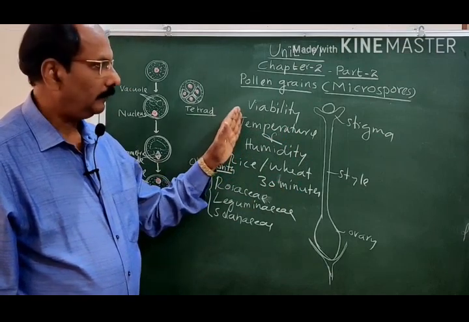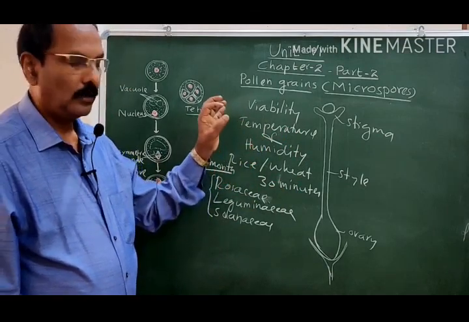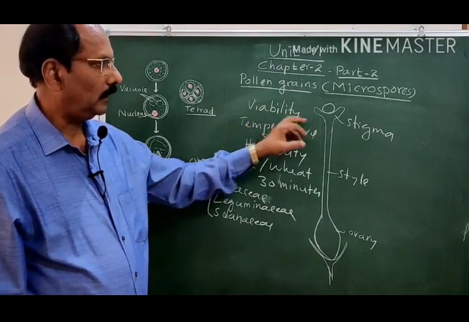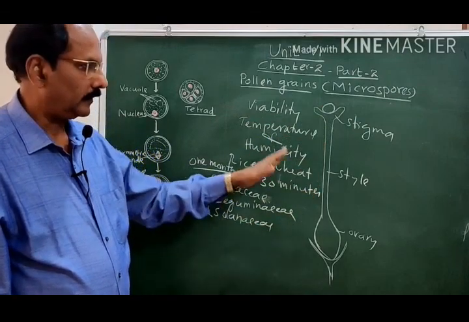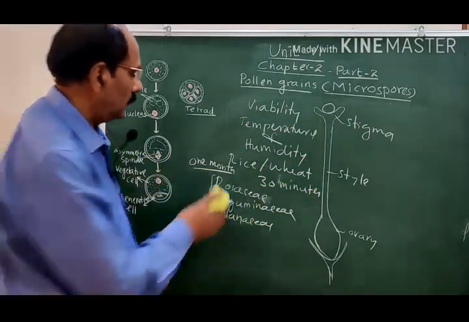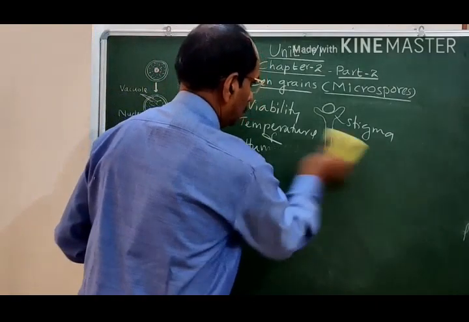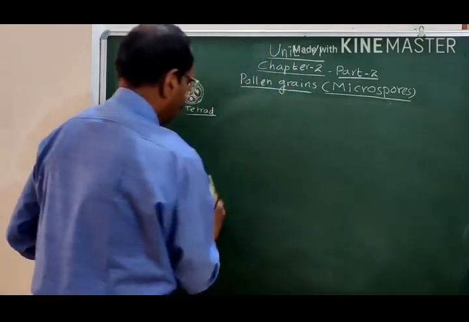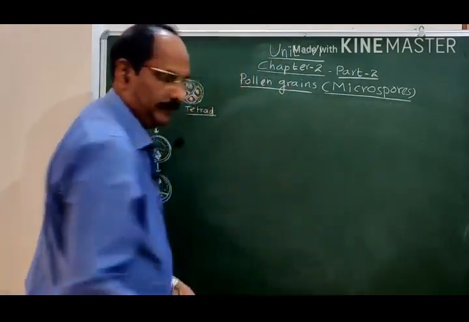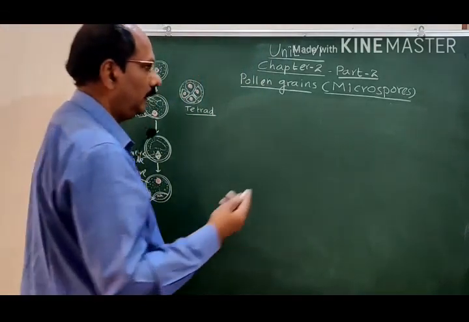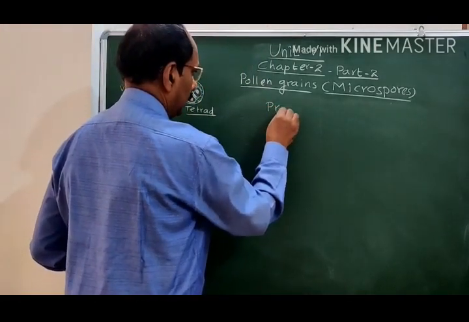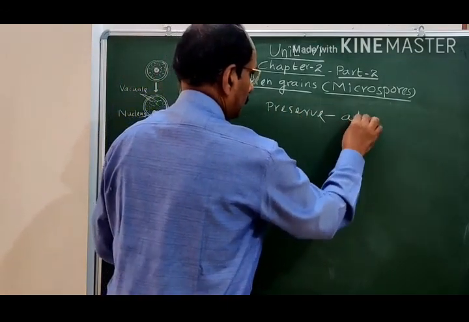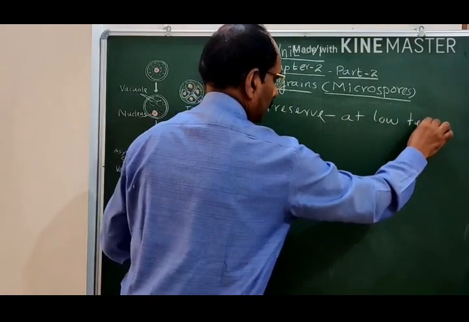Viability is the period in which the pollen grains remain in a healthy condition, and only during this period can they germinate. It is different in different plants. Viability is very short, 1 month or 30 minutes. Nowadays viability can be increased by preservation at a low temperature.